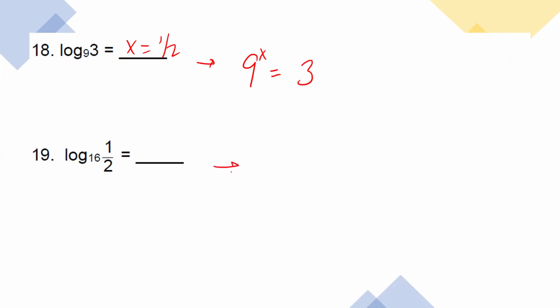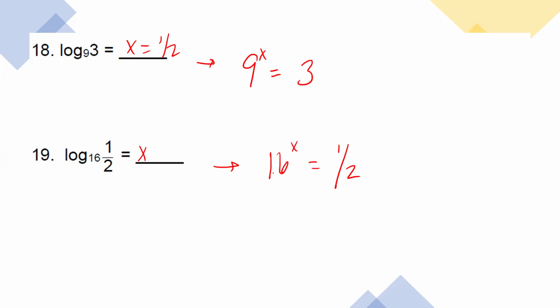Okay? So keeping that in mind here, when we set this equal to x, we have 16 to the x equals 1/2. I have to make this smaller and what? And negative. It has to be smaller and negative. Otherwise, will this result as a fraction? No. So if I do 1/2, that means the square root of 16 is 4. Is that what I need? No, I need to go smaller, right? Okay, what about 1/3?